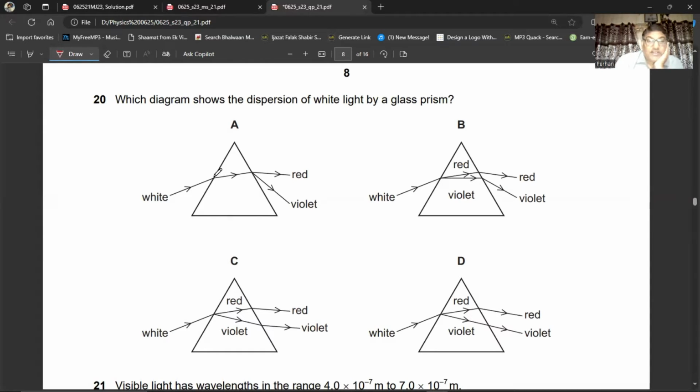So this is not right. Why? Because here the colors have not split. This is right. This looks good. You see, after emerging from the prism, both the rays are parallel to each other, which is not right.